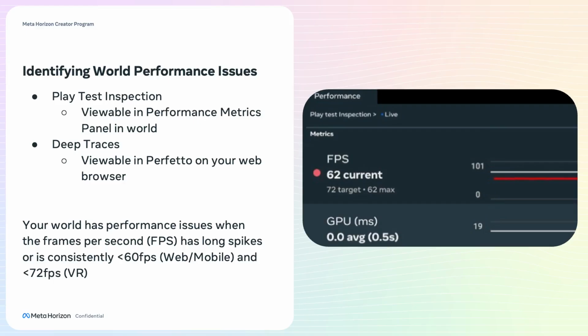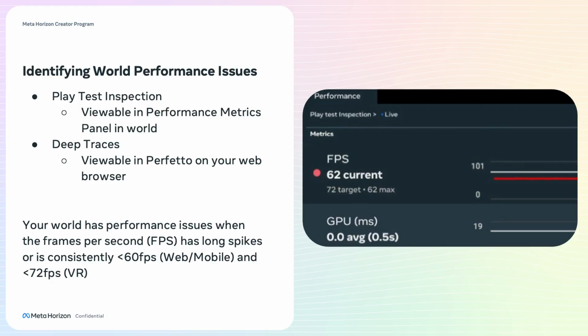And underneath those stats, you'll see a target that is basically the numbers you hope to achieve. As your game is running, you're constantly seeing the real-time output of what that number is. So that is a playtest inspection is what that's called when you're reading it from this view. And like I said, it's live.